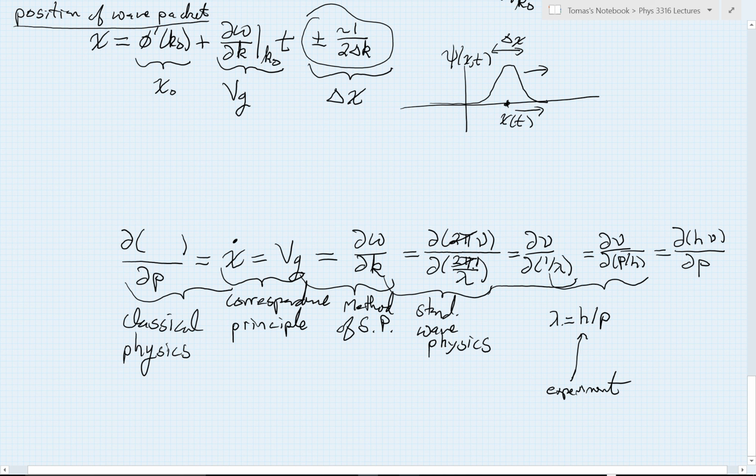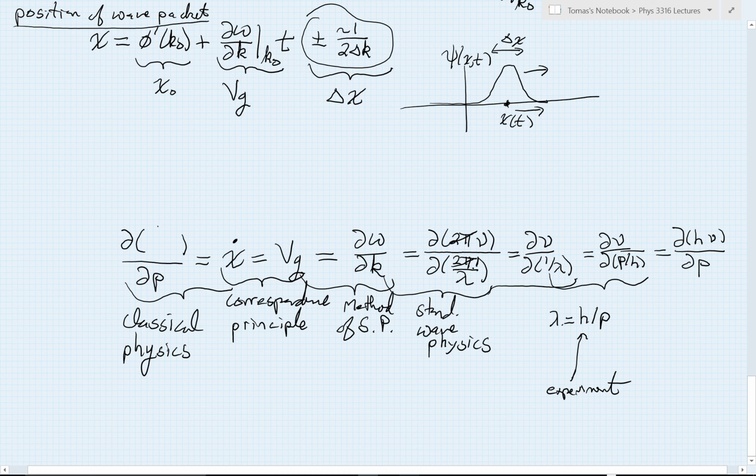If there is such a quantity, that's beautiful, because then I can solve the mystery of what frequency I should attach to my waves. Whatever that quantity is, I should set it equal to h nu, and that will guarantee through this chain of logic that I will have wave packets that travel with their group velocity exactly matching the velocity of the classical particles. So I'm very motivated to know what this function is.